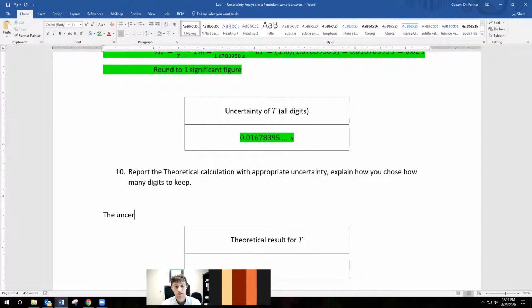You could say the method of percent uncertainty will almost always have just one significant figure.